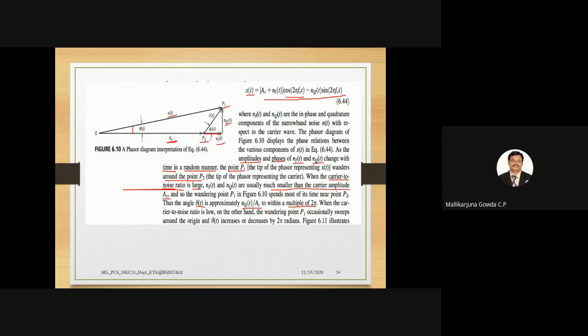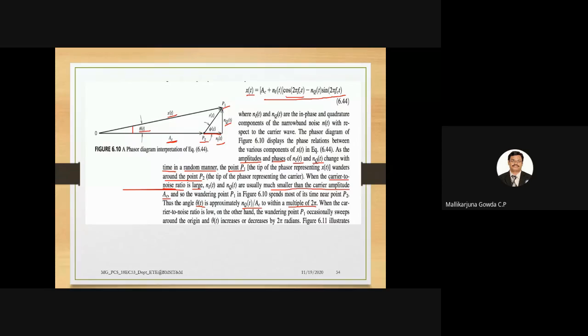When the carrier to noise ratio is large, the carrier amplitude is much greater than the in-phase and quadrature component of the noise. So with that, we can say the point P1 will be wandering nearer to the point P2, and the angle theta of t will be equal to nq of t by AC. So that is the first case.